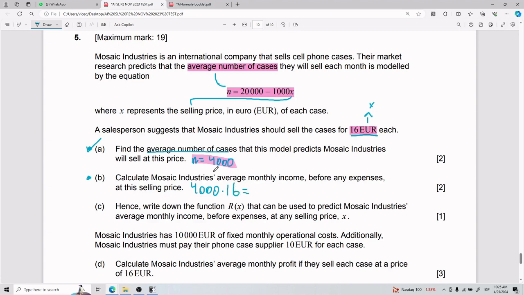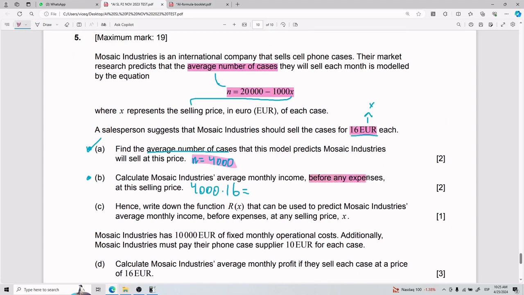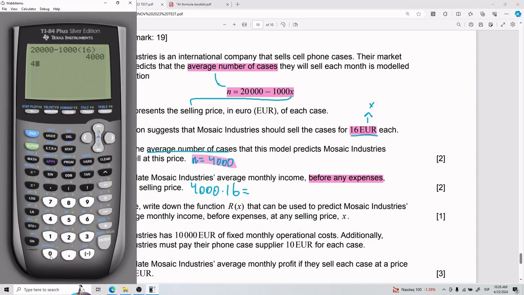Now I'm sure that some of you econ nerds out there might be thinking, okay, but there's a cost associated to this. And I say you are absolutely correct, but this exercise still doesn't get nasty. We are still before any expenses. So all you need to do is just take the brute amount of cell phones, multiply it by the price that they give you, and that will be your profit, or better said, your monthly income for now.